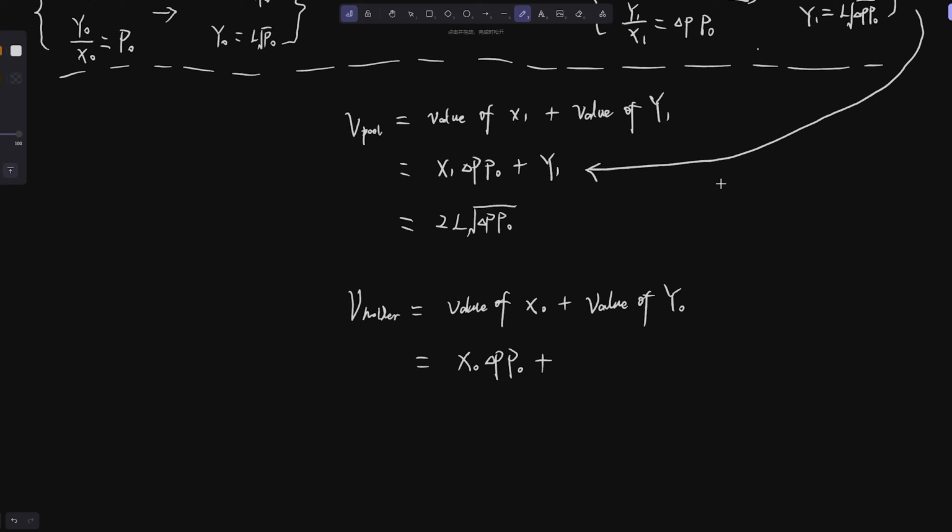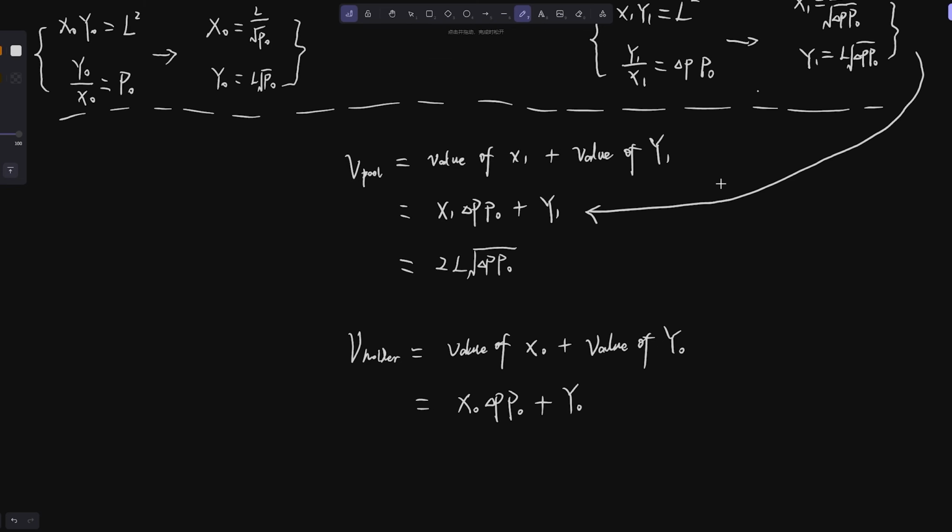The value of y0 is y0. Now let's also substitute these two expressions in here, and then we get this final expression.